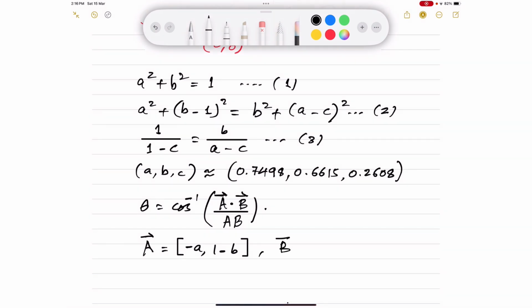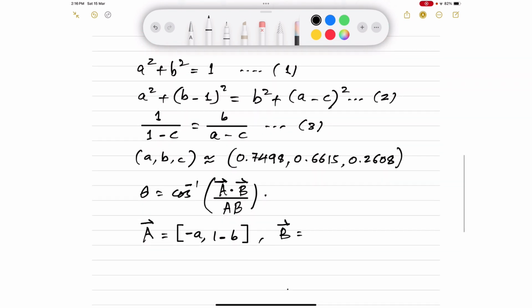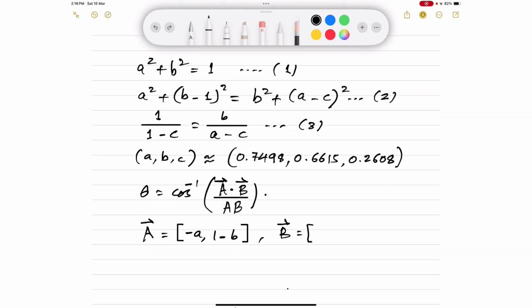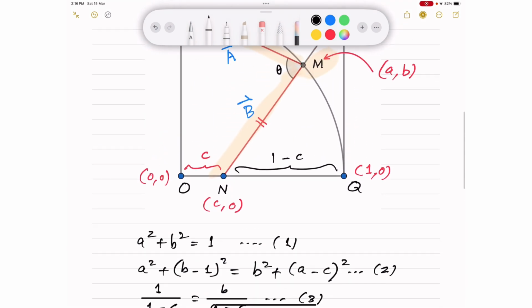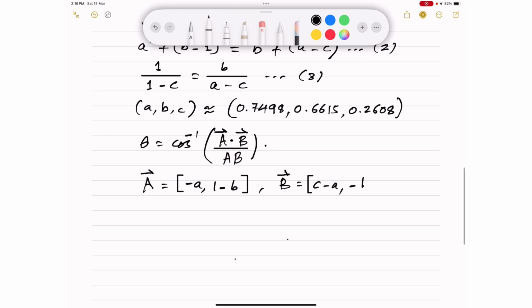And B is simply MN. So it's going to be C minus A, I'm sorry, C minus A and then 0 minus B, which is minus B. Okay?